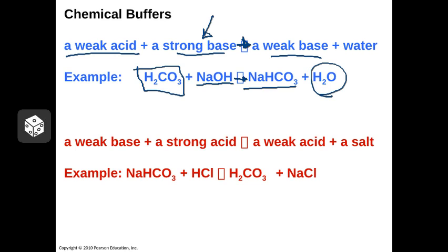Sodium bicarbonate is one of these chemicals that can act either as a salt or a weak base. So take a look at that tutorial, the PowerPoint that I added, if you're confused about that.